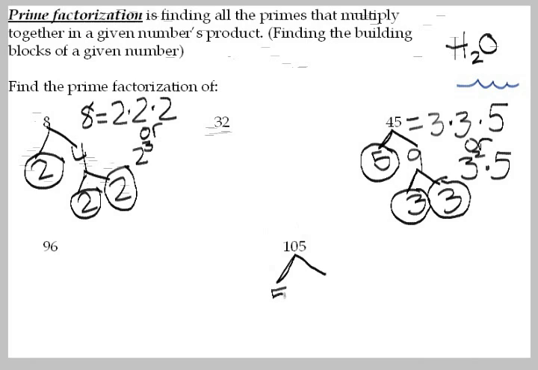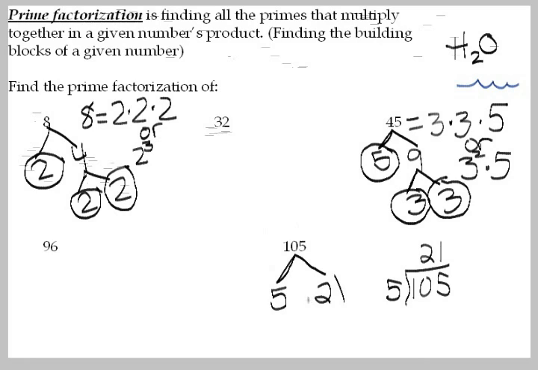So we know that 5 times some number equals 105. And in order to figure out what that other number is, we can divide. 105 divided by 5 is 21. So 5 times 21 is what gives us 105.